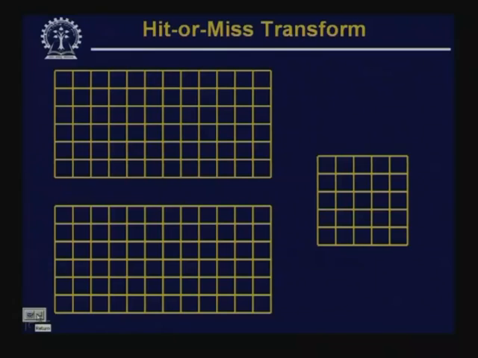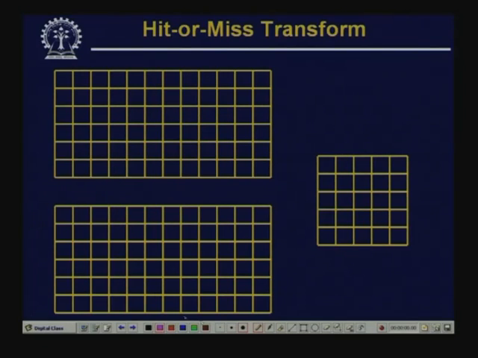So, let us assume that we have an object, say something like this, a 3 by 3 square object. So, this is our object. And the image that we have is something like this. Here I have an object region which is 4 pixels by 3 pixels, and here I have another object region which is 3 pixels by 3 pixels.